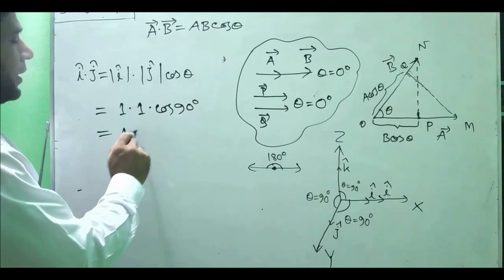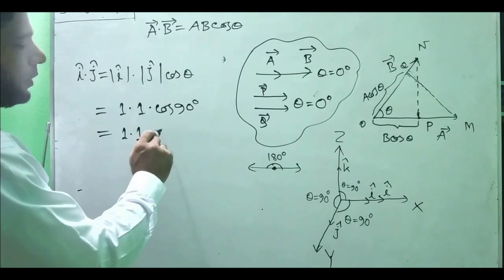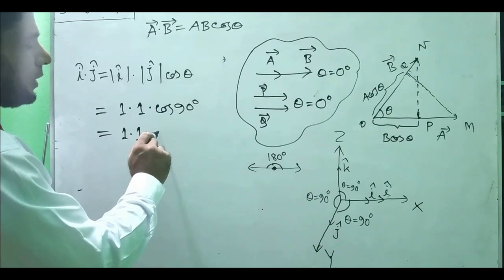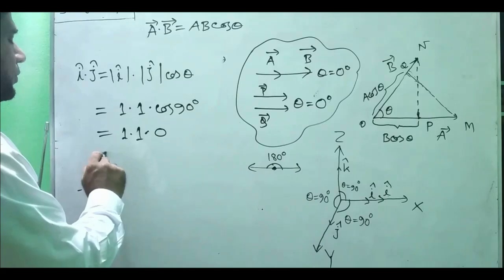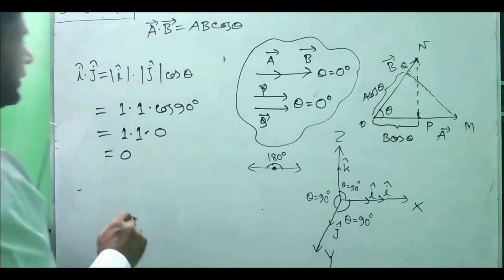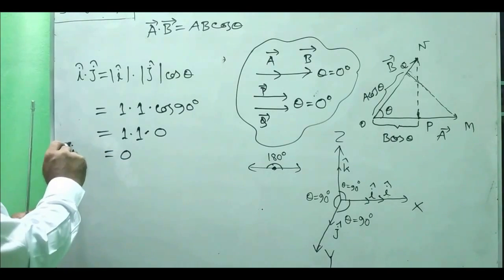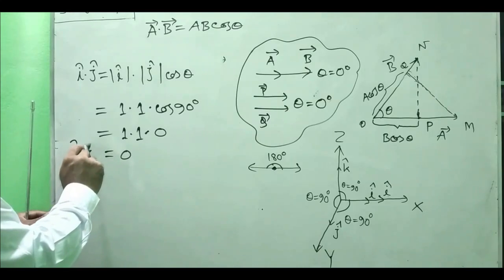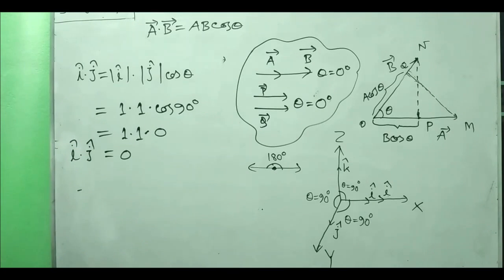We know 1 into 1, and the value of cos 90 is 0. So the resultant will be 0. So we can easily see that when we multiply two different unit vectors with each other according to the dot product, the value will be 0. So this may be another understanding based type question.